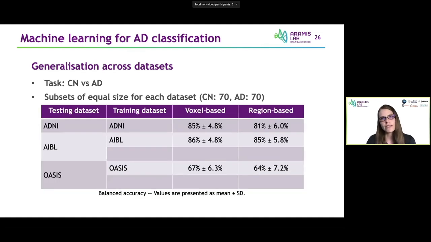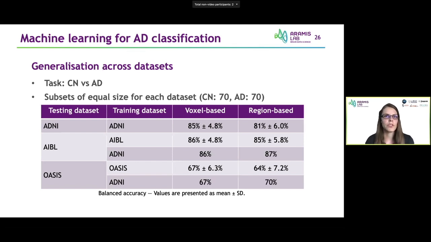When the training and testing are performed within datasets, you can observe that ADNI and AIBL reach similar accuracies, while the accuracy is lower for OASIS. This can be explained by the difference in the label definition. In OASIS, the Alzheimer's disease label, AD label, comprises both patients with mild cognitive impairment and Alzheimer's disease, and so the task is more difficult.